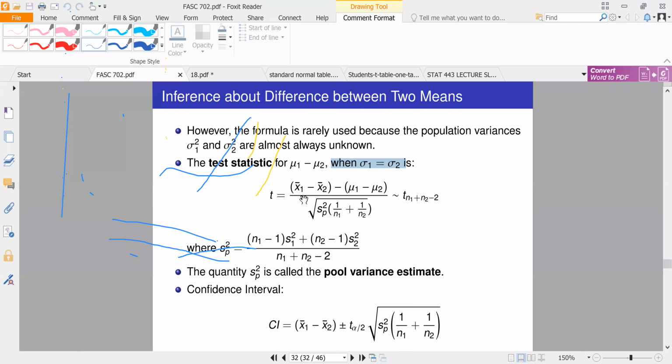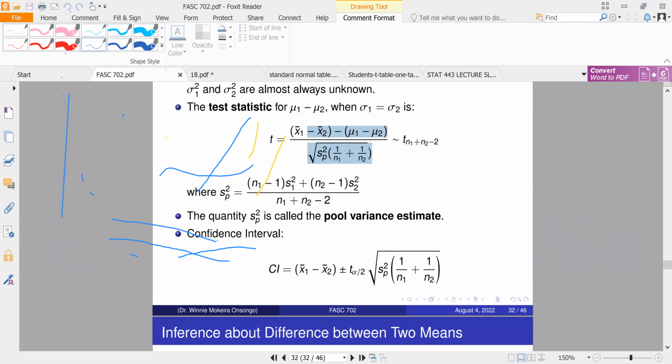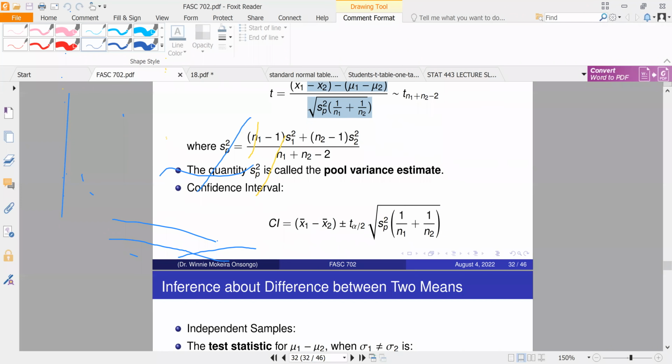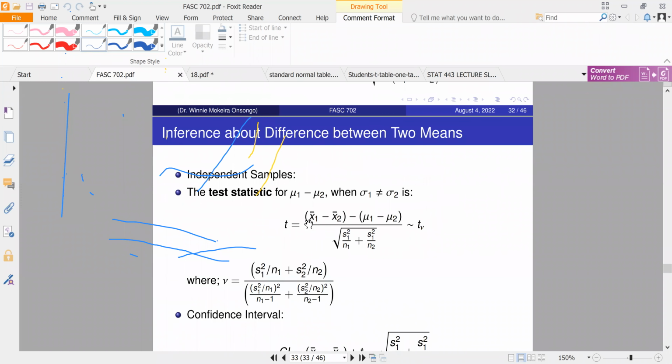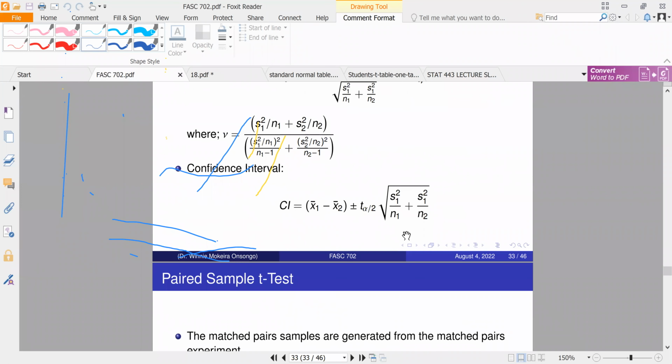If that happens, then that is your test statistic. However, if the variances for the two populations are distinct, then this becomes your test statistic, and your confidence interval is calculated in that way.